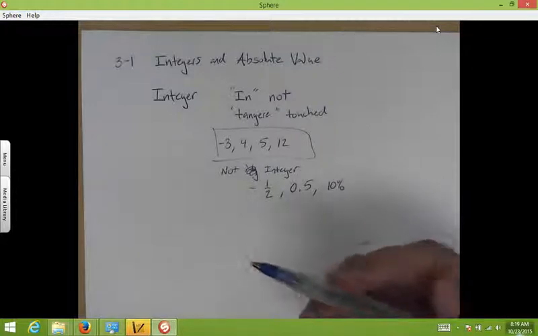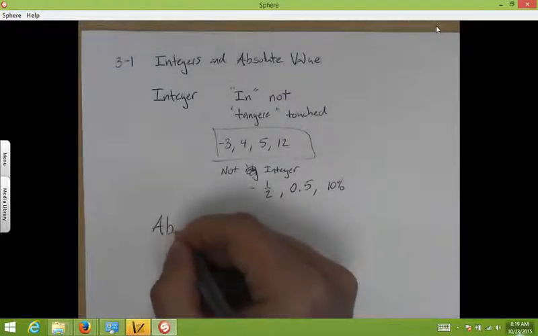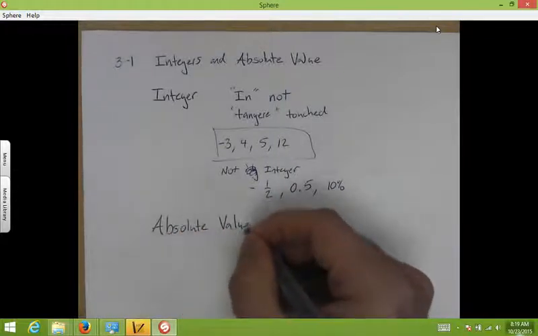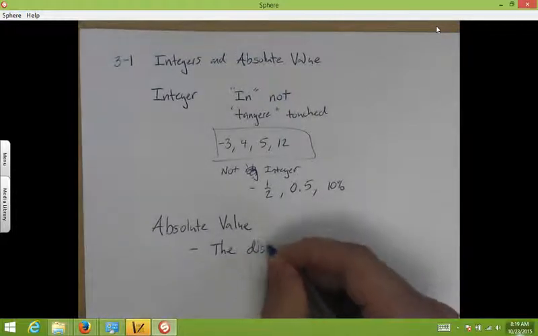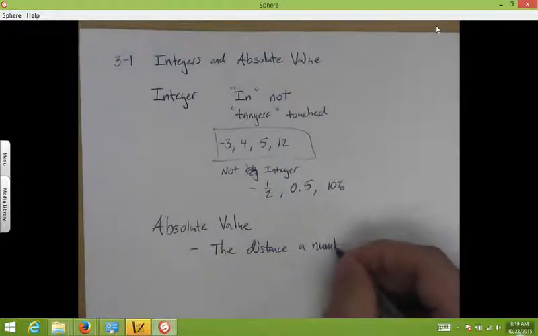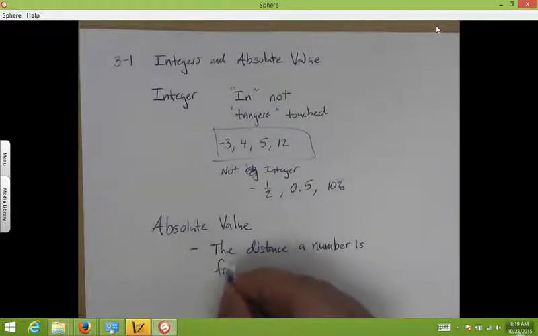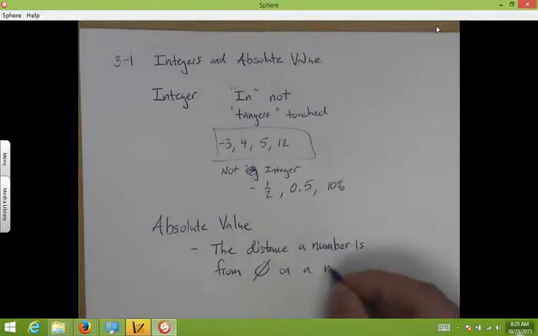Okay? Next, absolute value. Absolute value, easiest way to think of this is the distance a number is from 0 on a number line.